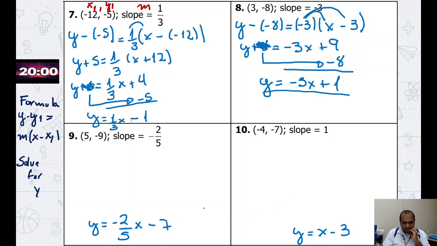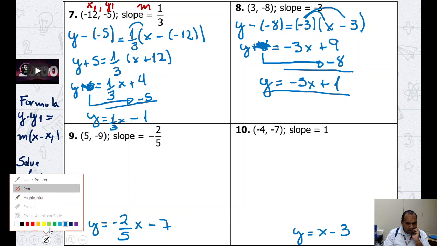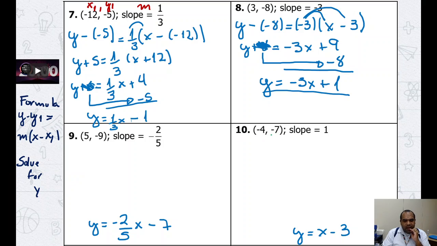Let me solve here number 10. Number 10. I'll use the other color, green. Guys, I have here my x1, my y1, and my slope. Great. How do I solve it? Pretty simple again. y minus, remember to use parentheses, negative 7 equals, my slope is 1, 1 times my x minus, remember parentheses, negative 4.